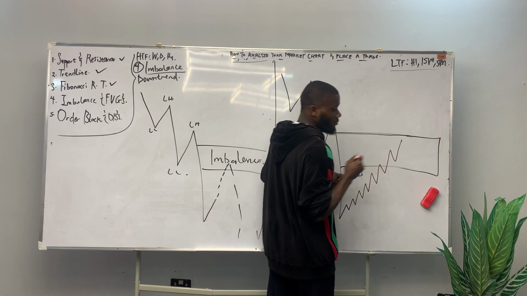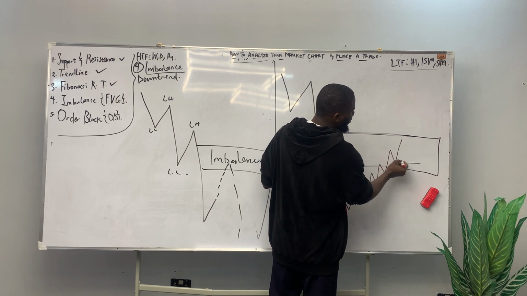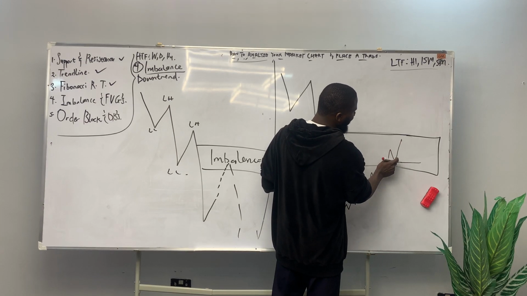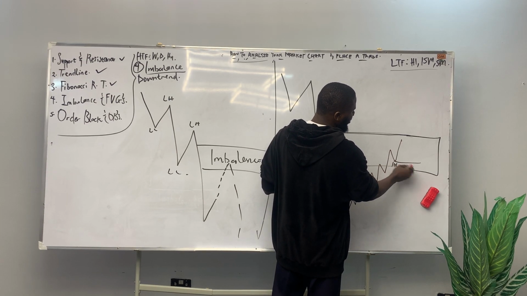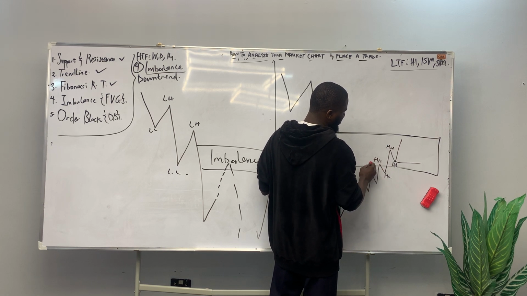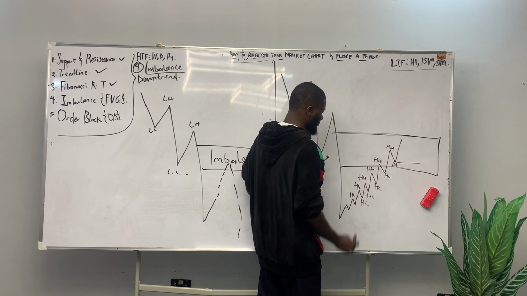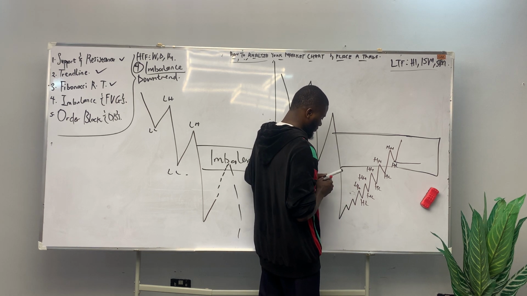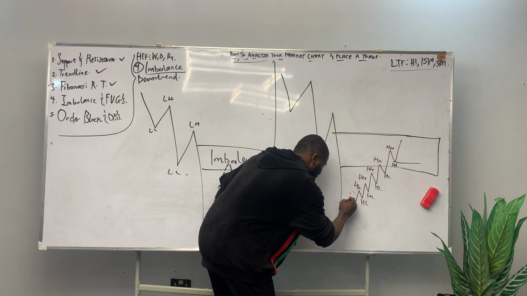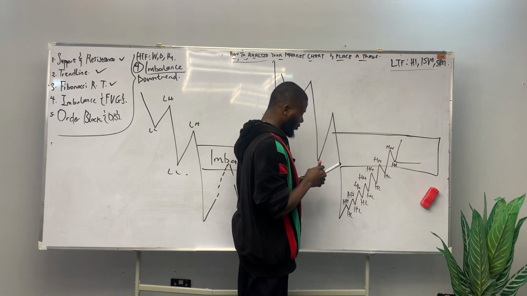Then you wait for it to break this recent lower high, higher low, higher high. Higher high, right? For transparency's sake, let me do everything so that everybody will understand.